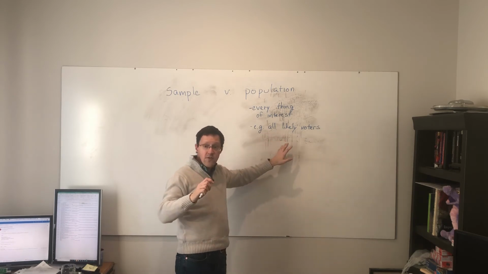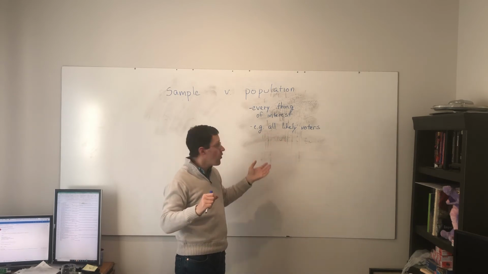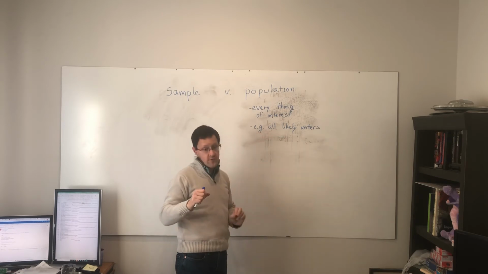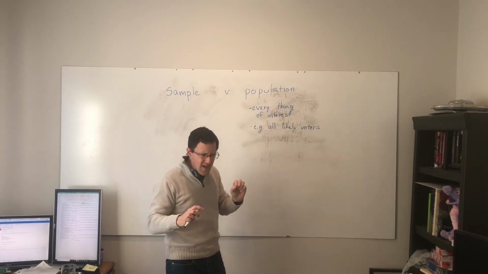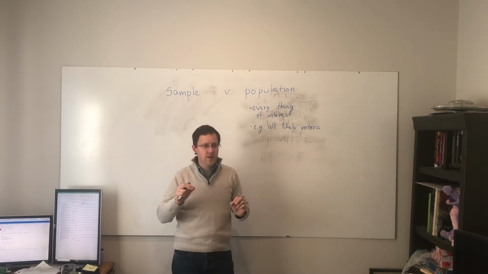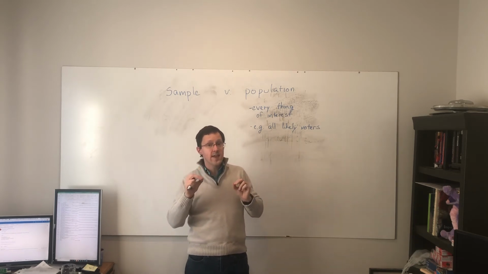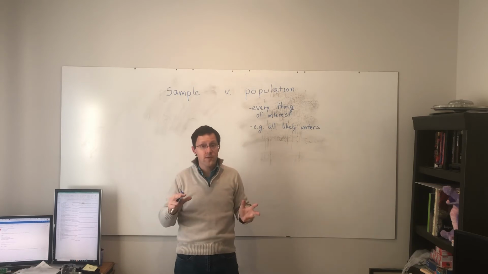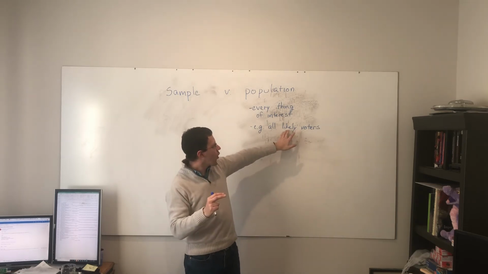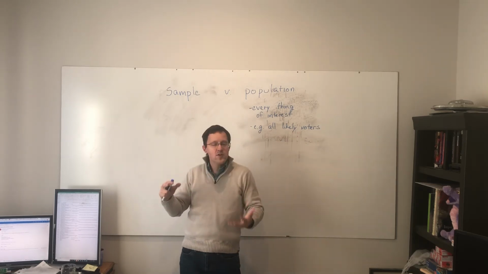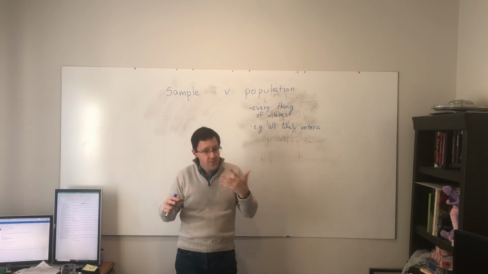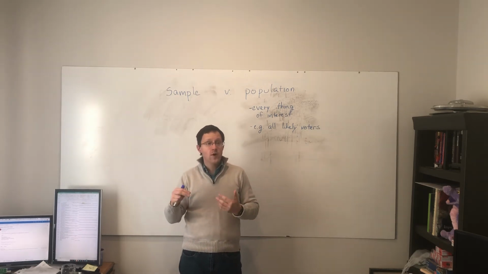In a political setting, to carry out that poll, we may say all likely voters. And notice I am being very particular here in setting up what the population is, because it makes a difference. If I want to say all likely voters, I want to know what do I expect the outcome of the election to be.